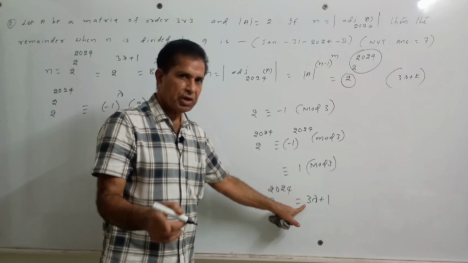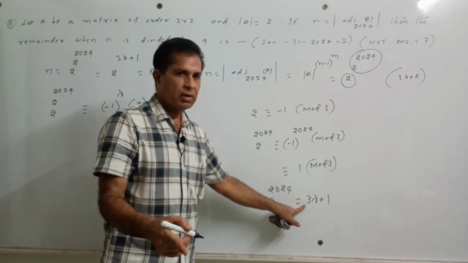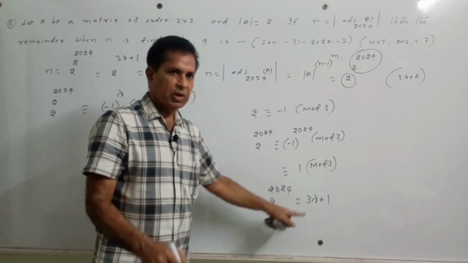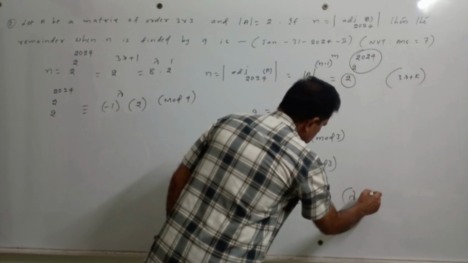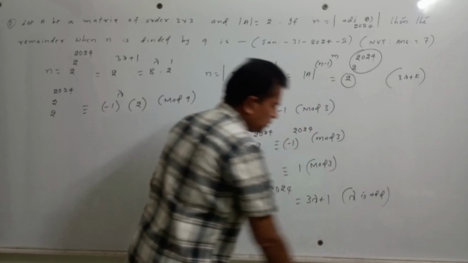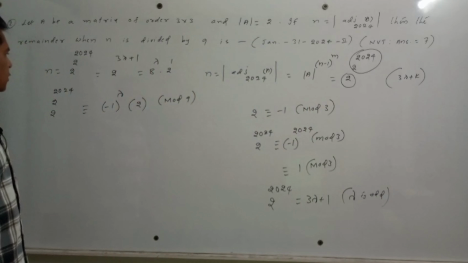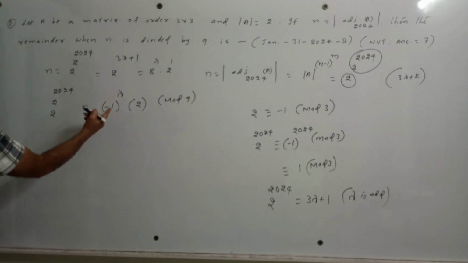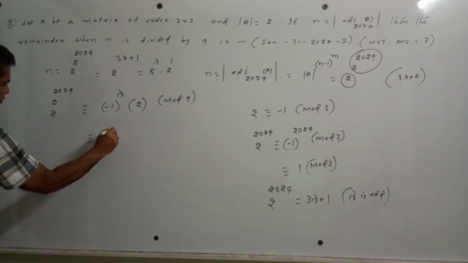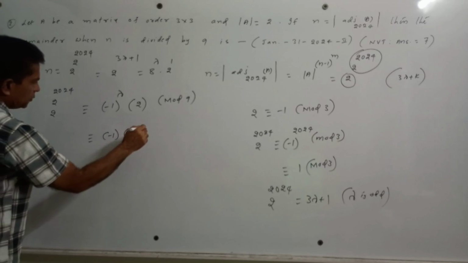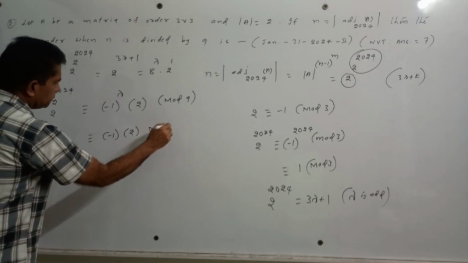Odd times odd is odd, and odd plus odd becomes even. Therefore lambda is an odd natural number. Because lambda is an odd natural number, minus 1 to the power of lambda becomes minus 1 multiplied with 2 modulo 9.